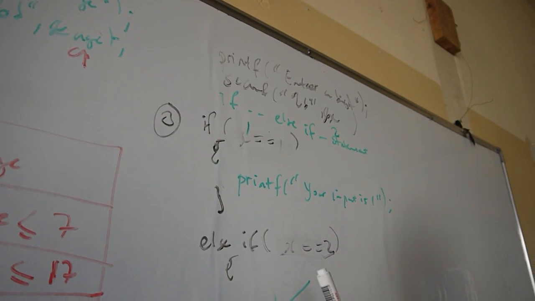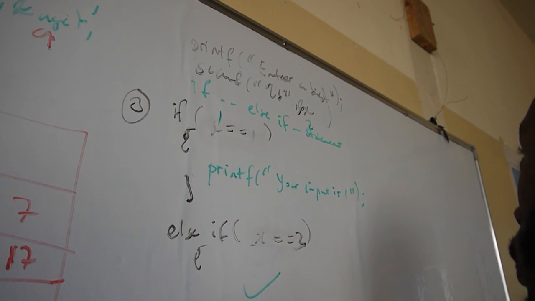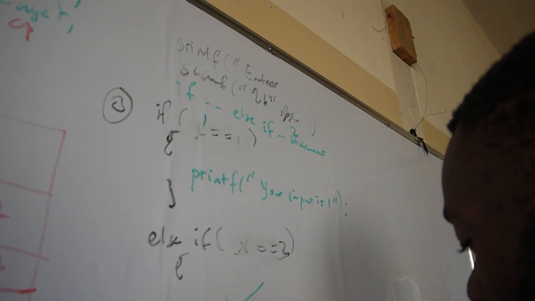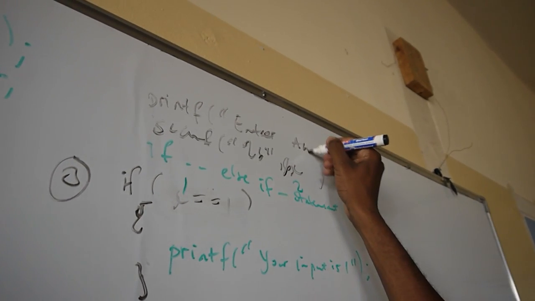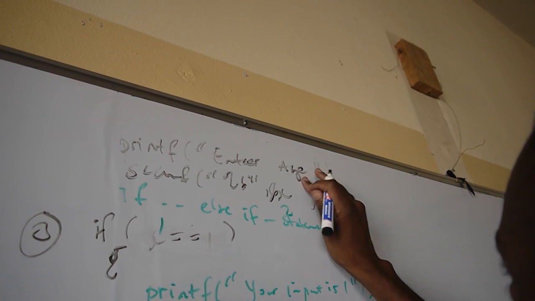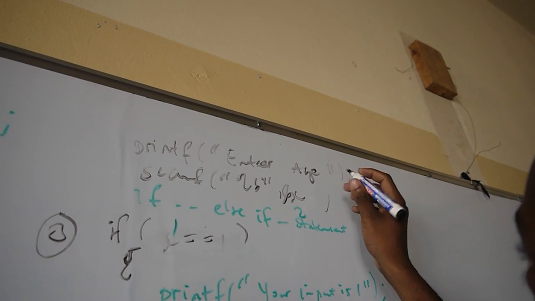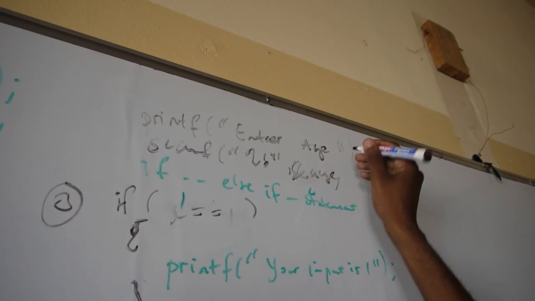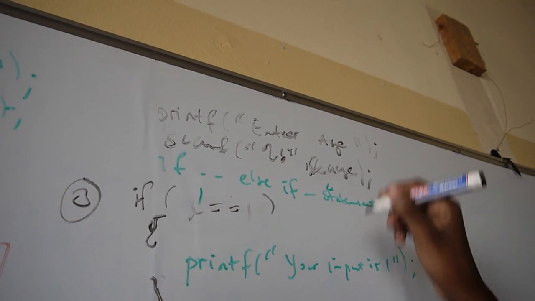Here I'm going to change this part to enter age, so that's what this program is going to prompt a user. Then my variable here is age.